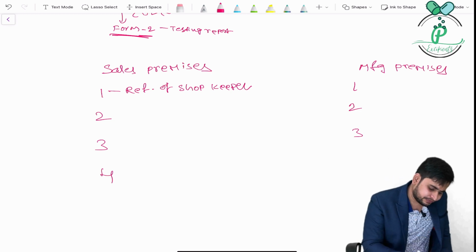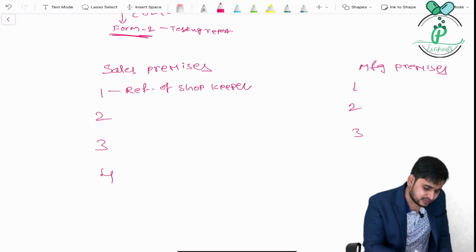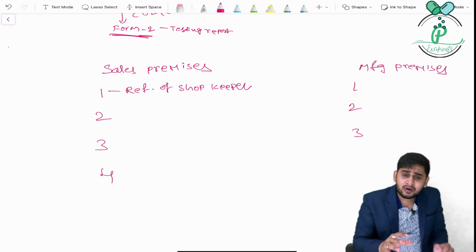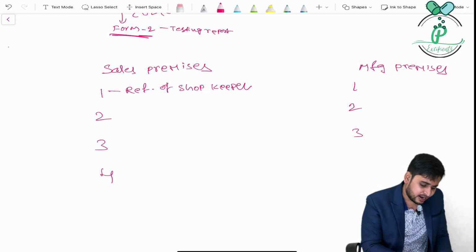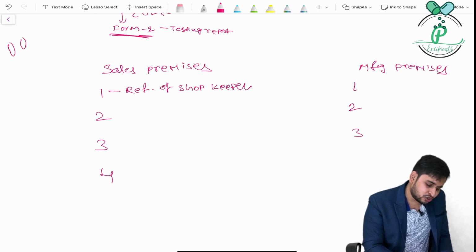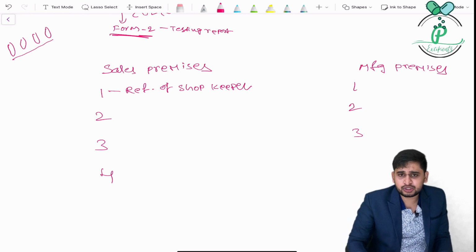So in that case, why are four sample portions drawn? Four sample portions means, suppose Dolo syrup is drawn, then all four bottles of syrup should have the same batch, the same expiry, the same manufacturing date, and the same quantity, so the drug portion should be there.